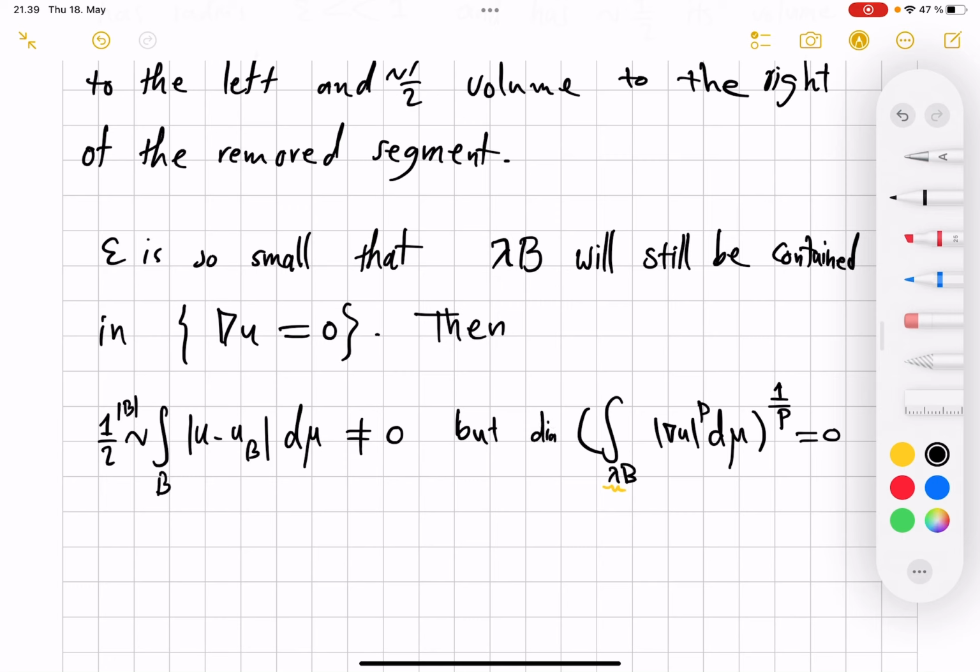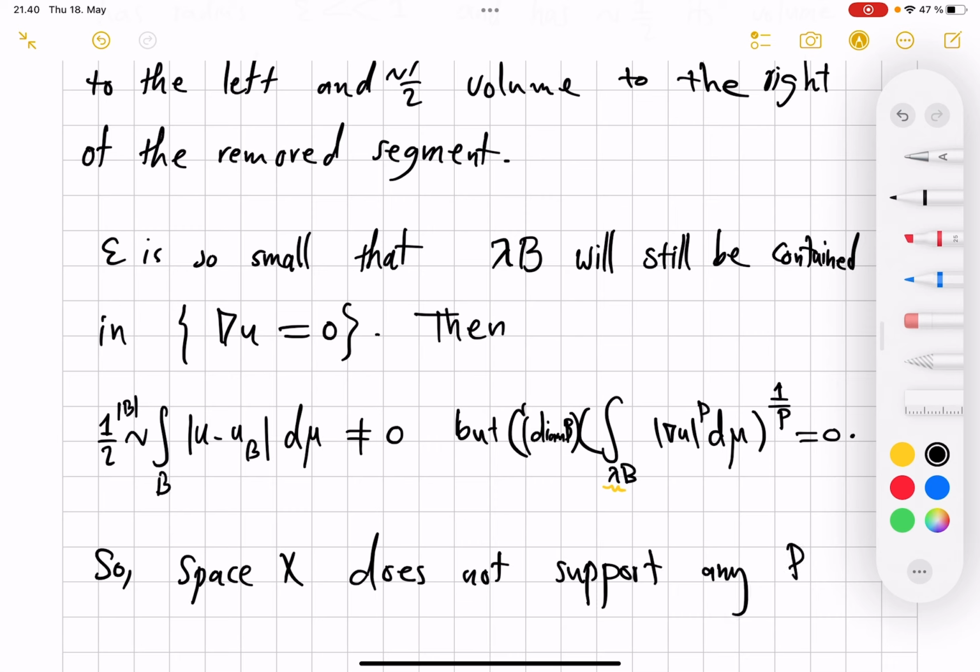And we see here, you can put diameter of B and then C. So C, of course, won't help. Okay, so given any C and lambda, there is a ball which fails the Poincare inequality. So space X does not support any Poincare for any p.